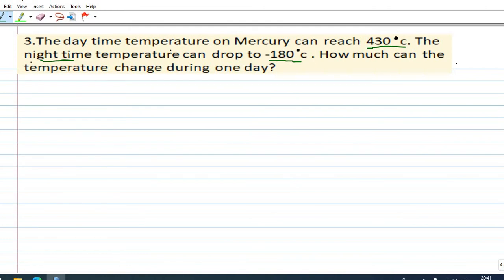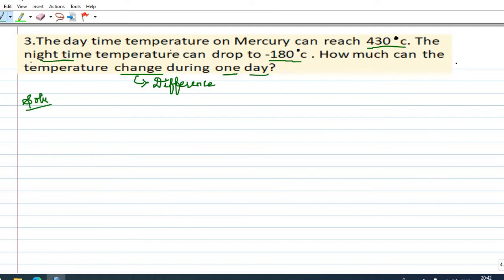Now I can find out how much the temperature can change. Change is what? You are going to find out the difference during one day. Got it? They have given the day temperature as well as the night temperature. I am going to find out the difference for one day.